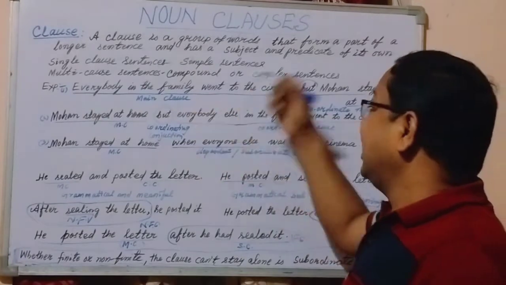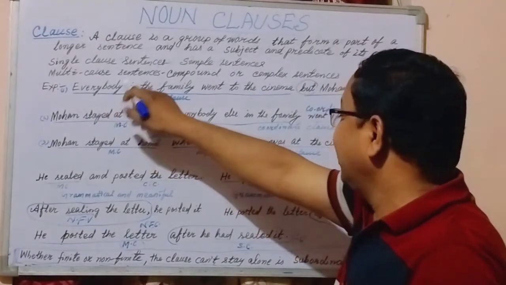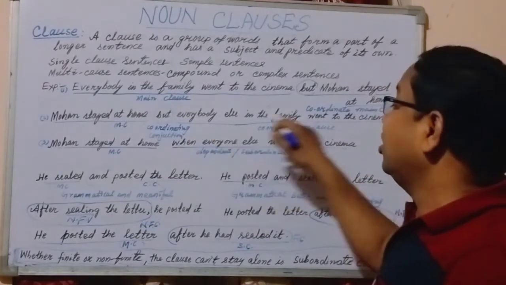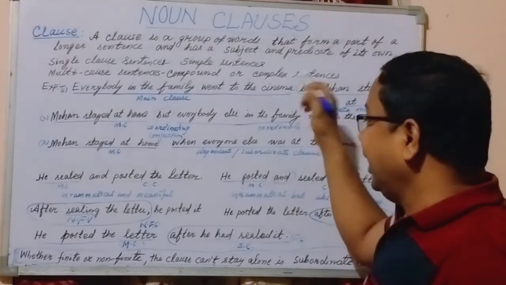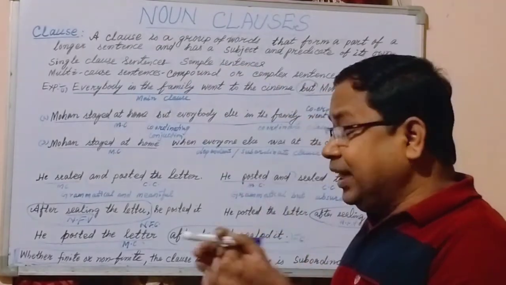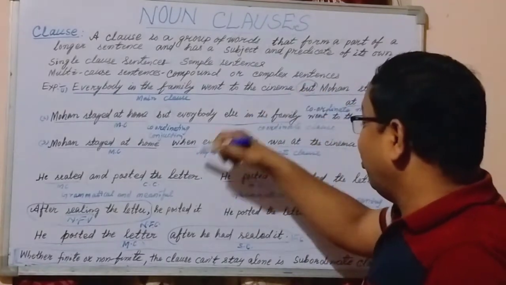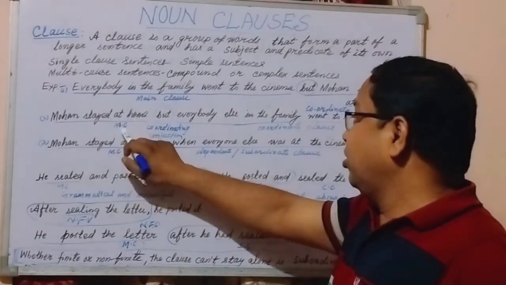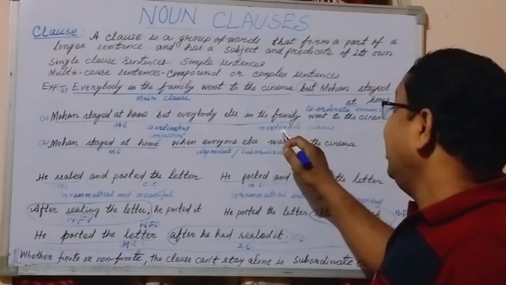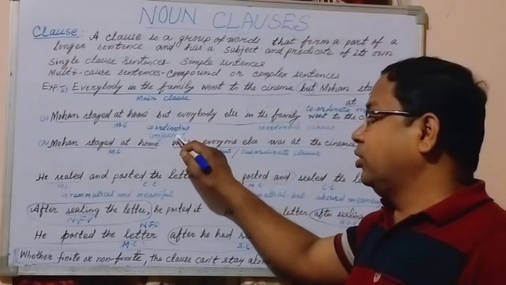We can change them, we can reverse them. Likewise, we can say both the clauses separately are main clauses or simple sentences, but when we combine them, one is the main clause and another is the coordinate clause, because there is a coordinating conjunction here.